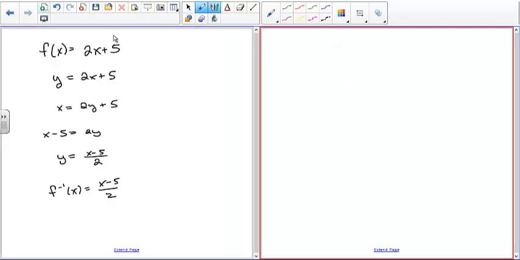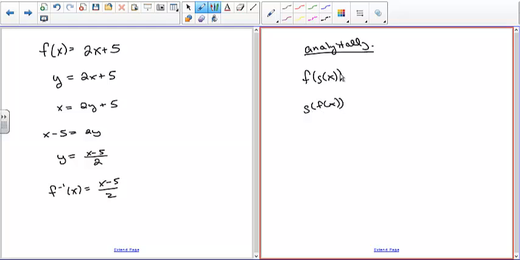Now, the second thing, I'm not going to ask you to prove it for this. I'm going to give you a separate function, but to show analytically whether two functions are inverses of each other, you do the composite function f of g of x and g of f of x.